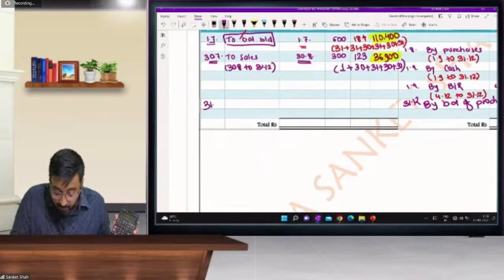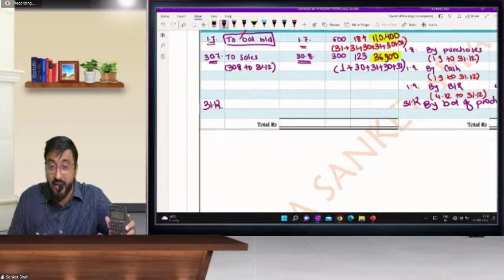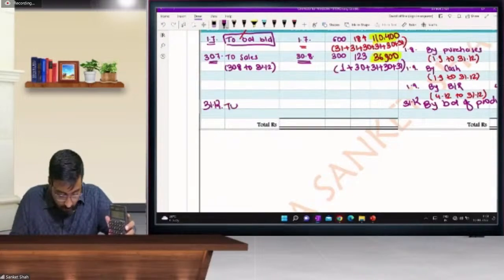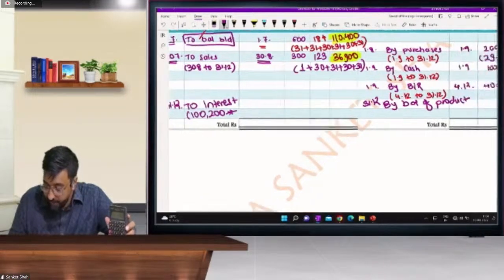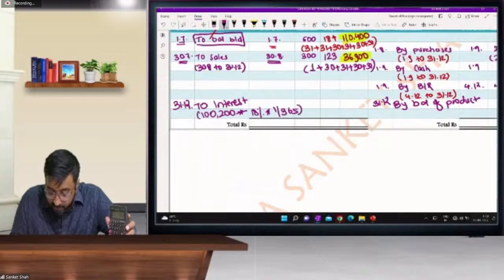On 31st December, you will calculate interest. 100, 200 into 18% into 1 divided by 365.